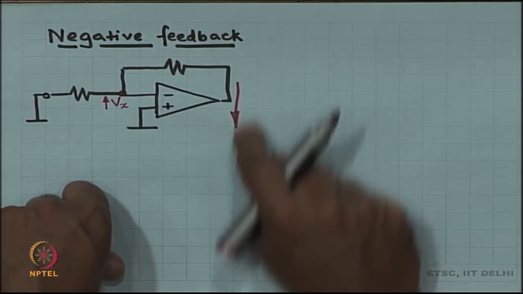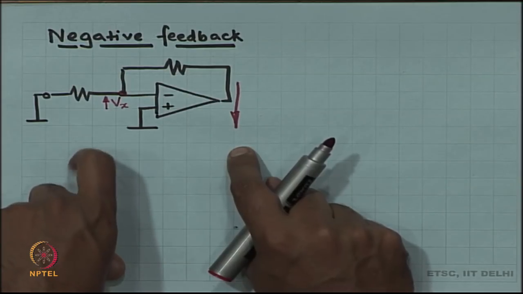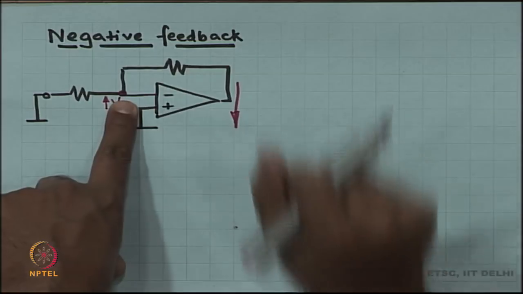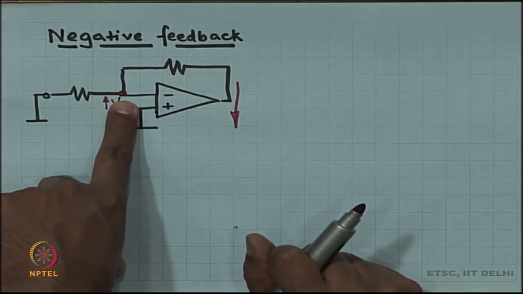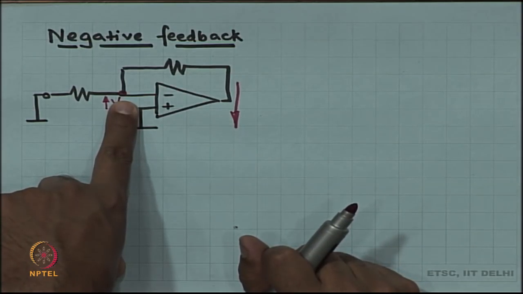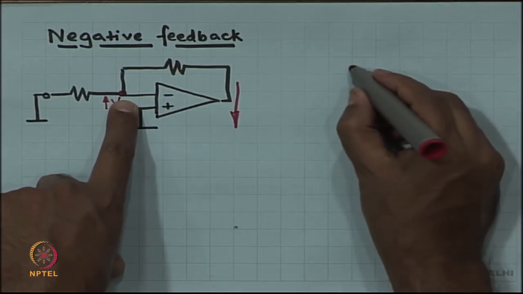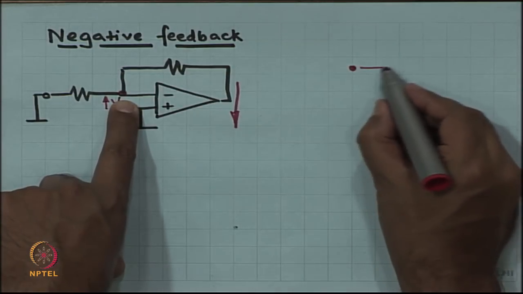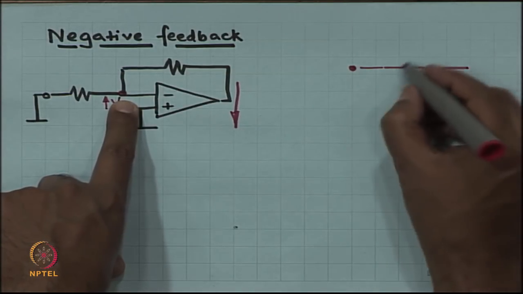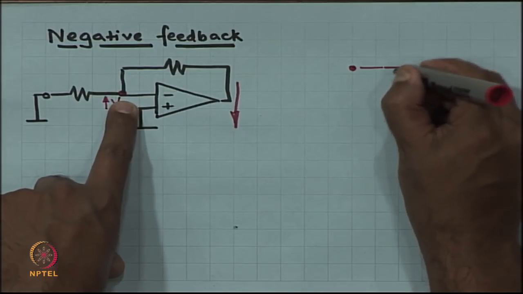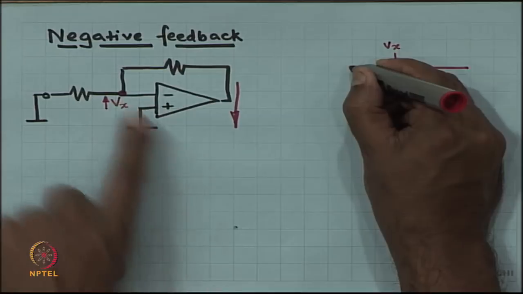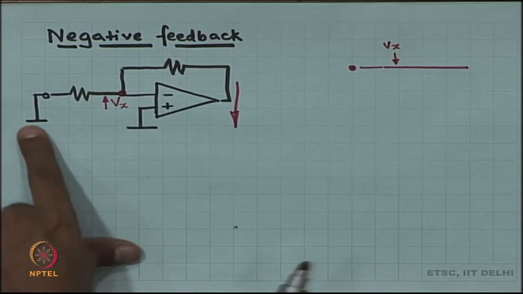If the other side goes drastically down, this is a resistive divider, so it is automatically going to pull down the point in the middle, like a lever. The fulcrum is on one side, this point is Vx, and the fulcrum is ground.